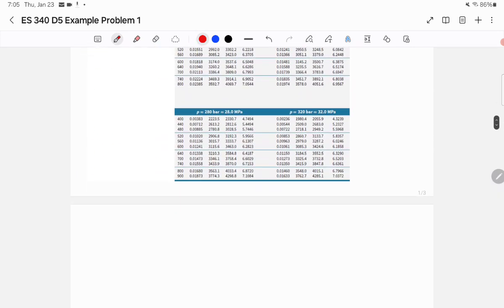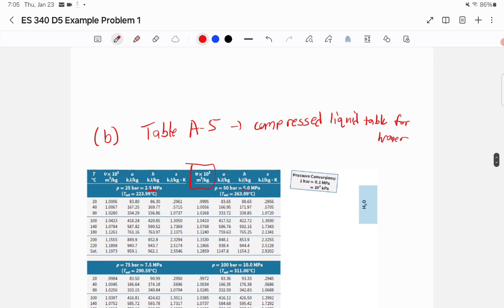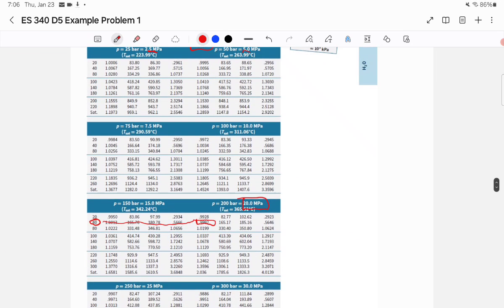And so it's okay in that scenario, especially when you don't have something that you can read off, and you can't do any kind of interpolation because you don't have a value on the other side of it. You could do some interpolation if you really wanted to by going back to this table, and then also using the compressed liquid table, but it doesn't make a lot of sense to do that.